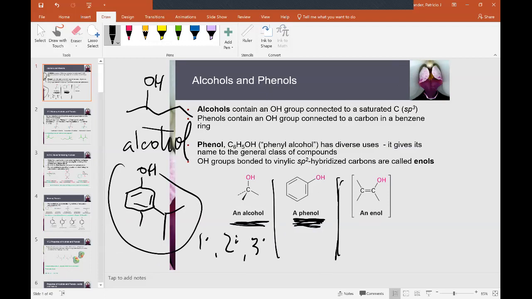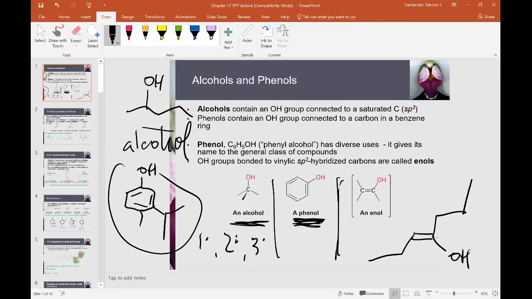And then finally, we have here another category of when you have an alkene. The alkene could be somewhere in the middle like this. And if you have an OH group attached to one of the carbon atoms of the alkene, in that case, we say there we have an enol. Enol because you have an alkene here, right?